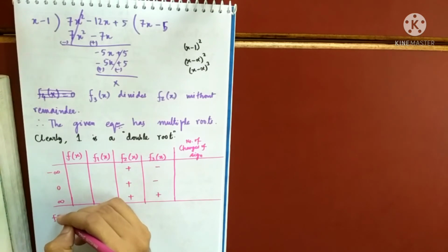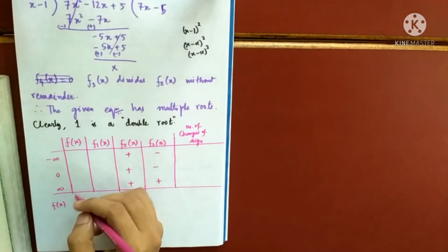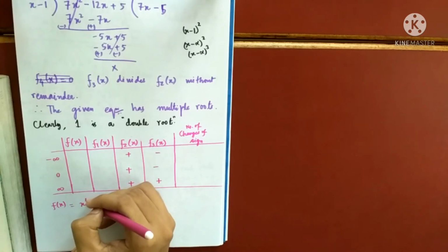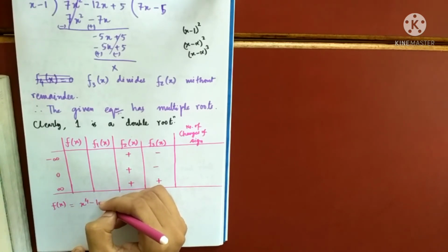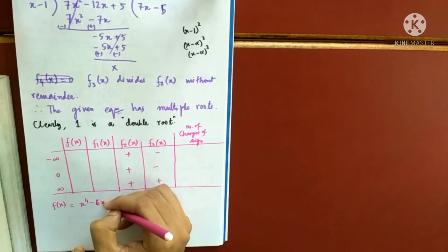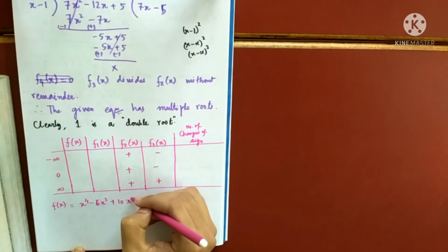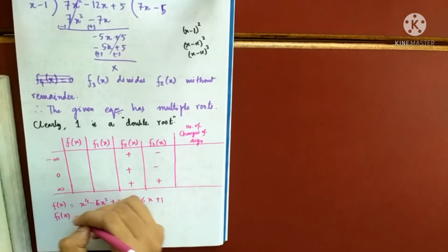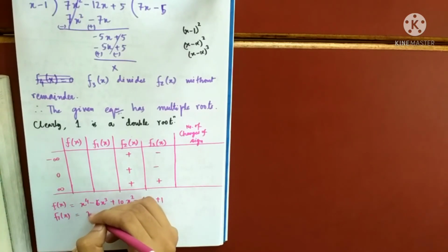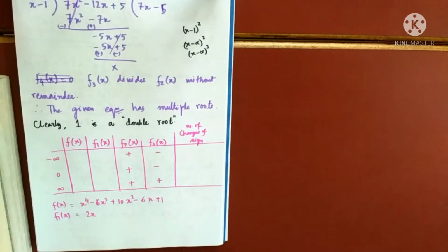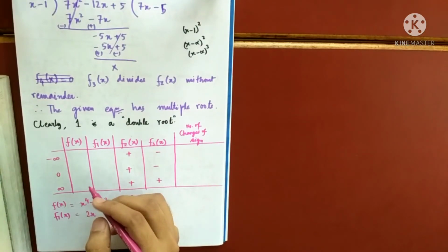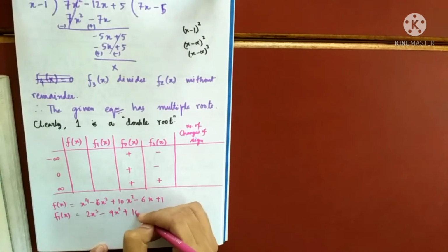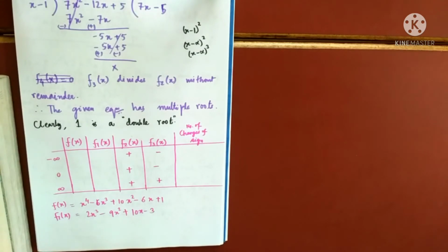So what was the function? I'm just writing it for reference. The function is x to the power 4 minus 6x cube plus 10x square minus 6x plus 1, and the derivative, by removing the factor 2, is 2x cube minus 9x square plus 10x minus 3.